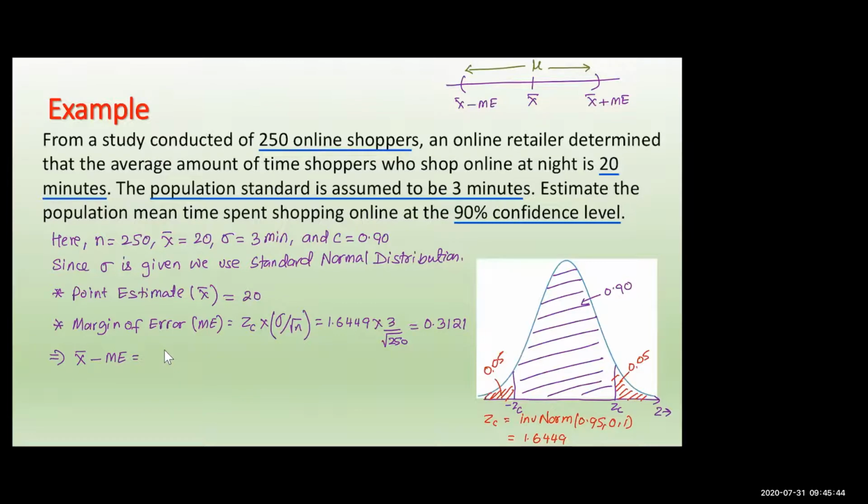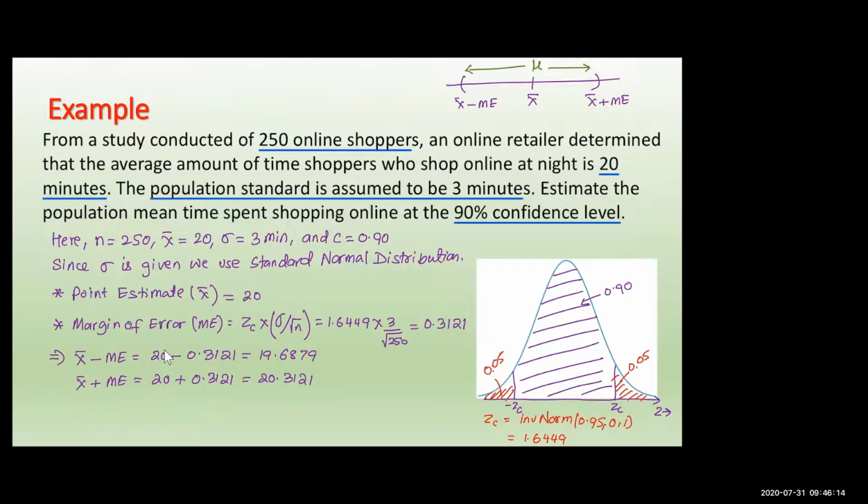The point estimate minus the margin of error: 20 is the mean, and 20 minus 0.3121 is 19.6879. Similarly, the mean plus the margin of error is 20 plus 0.3121, which is equal to 20.3121.